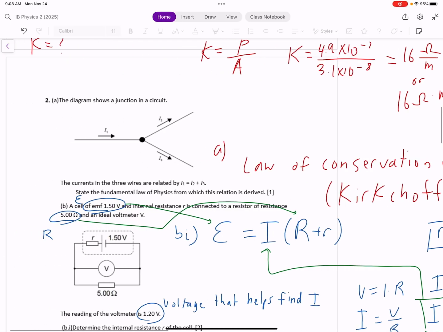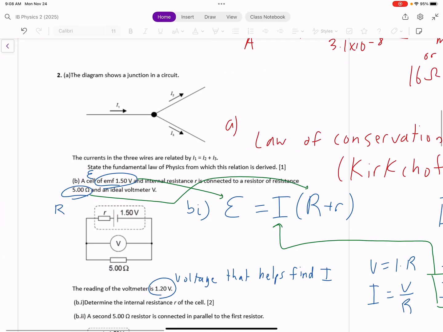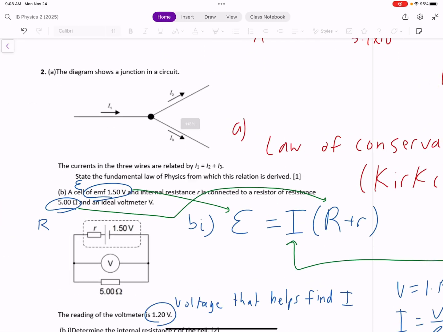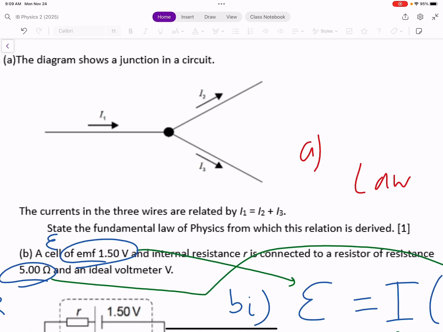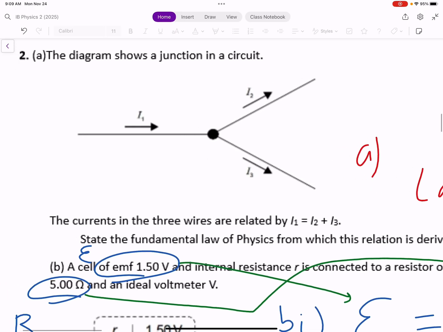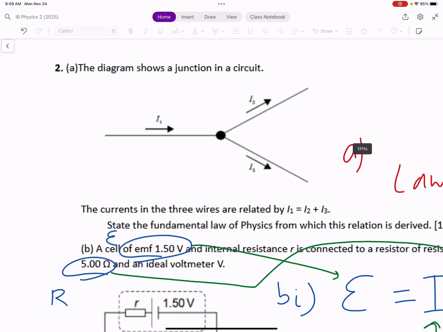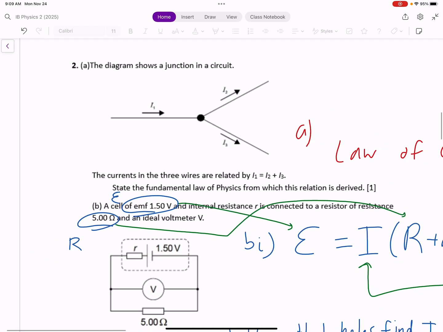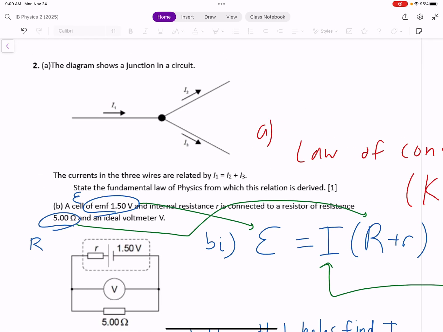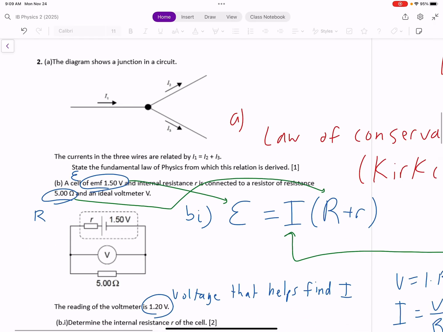Okay, moving on to question 2 here. Question 2 starts off with the diagram. It's a very simple split in current. Everyone should know that when current meets a junction, like this black dot here is a junction in a circuit, sometimes people call it a node. Whenever current meets a node or a junction, it splits. It will always split if the circuit is completed, meaning there's no open sections in the circuit, so it's closed.